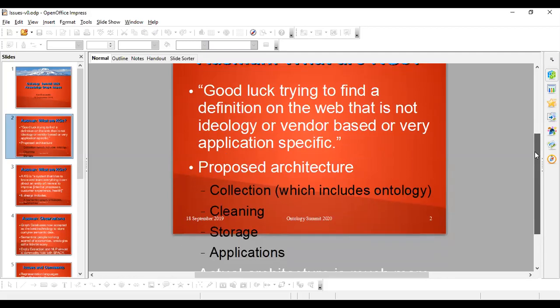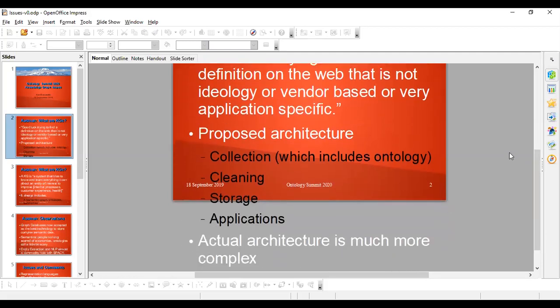He also proposed an architecture which had a number of layers, a collection layer, and that's where ontology appeared, then cleaning, then storage, and finally applications on top. But then when he actually showed us the applications that were developed at Franz, it was pretty clear it's a lot more complicated than that. He showed a series of slides where he showed how the different components interacted with each other.